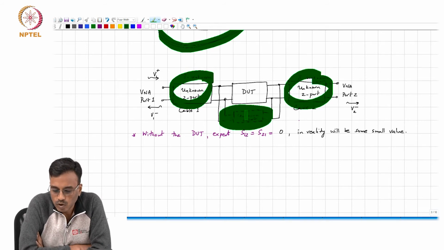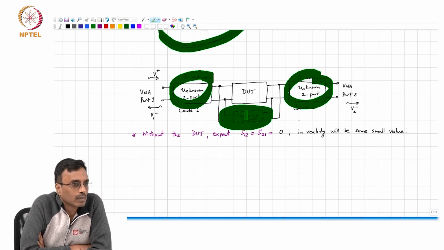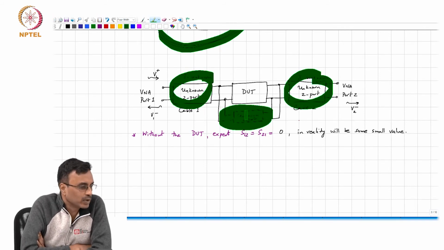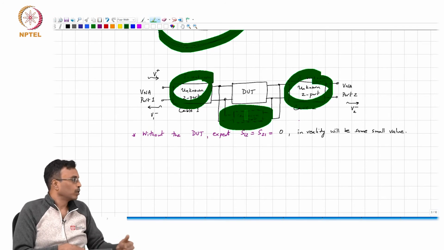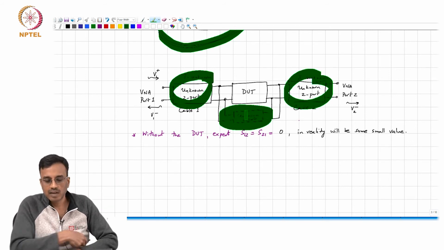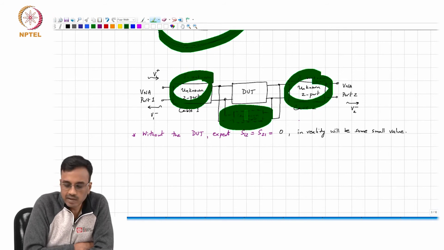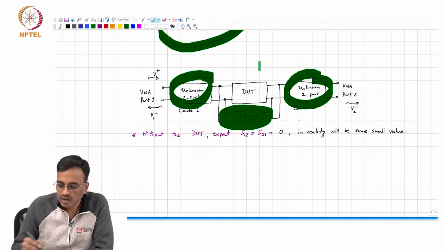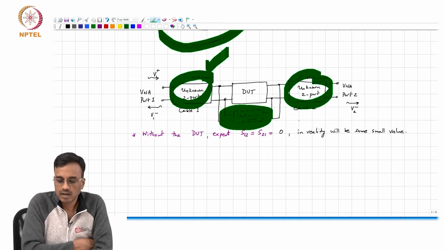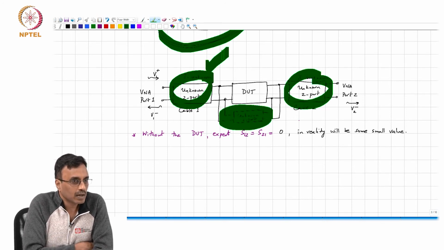All right. So what do you think we should do to fix this problem now? There are many ways of doing this, each with progressively increasing complexity. One thing that he points out is that the simplest thing to do is to say, I will first calibrate this 2-port, find this 2-port, right?